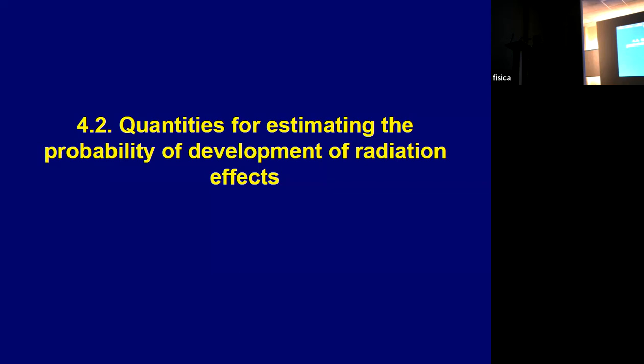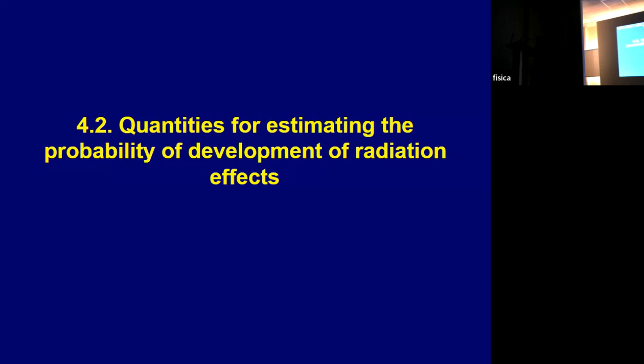To achieve this goal, it is necessary to evaluate the exposure conditions in terms of dosimetric quantities that could be used to assess the risk of developing deterministic effects and radiogenic cancers.